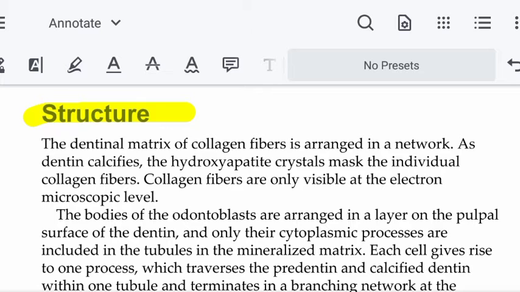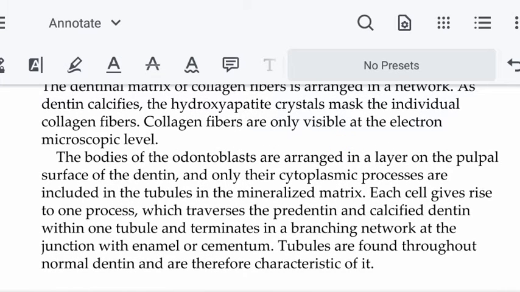As dentine calcifies, the hydroxyapatite crystals mask the individual collagen fibers. Collagen fibers are only visible at the electron microscopic level. So these collagen fibers are not easily visible. They are visible only under the electron microscope because the hydroxyapatite crystals mask the individual collagen fibers. Mask means it hides the collagen fibers.